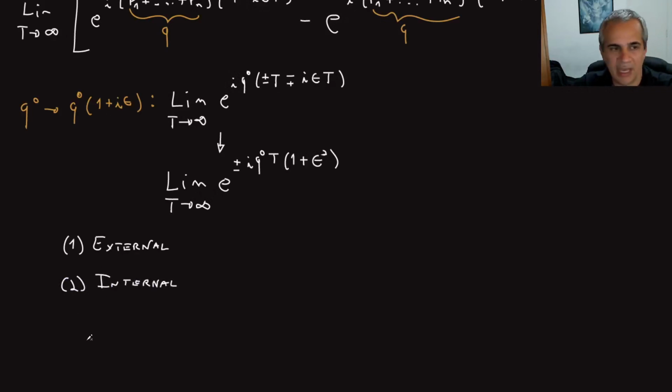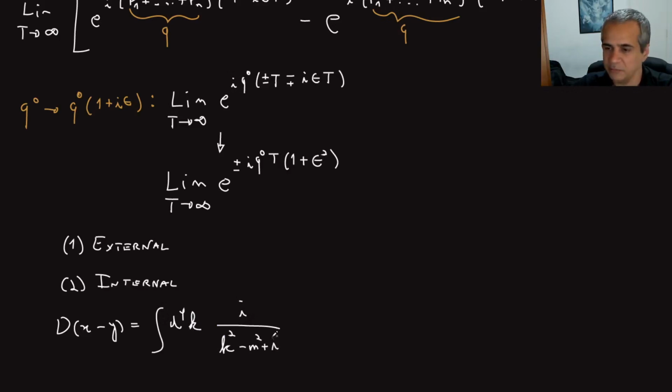Right? Every time I have a propagator, remember, I had a propagator in, say, position space, and I did a Fourier transform that assigns a momentum to this guy, internal, say k. And then I got the propagator for this guy in momentum space times exponential of i k (x minus y).